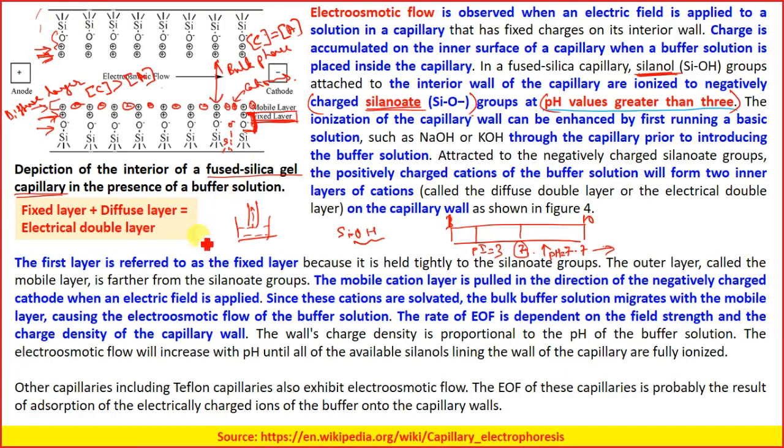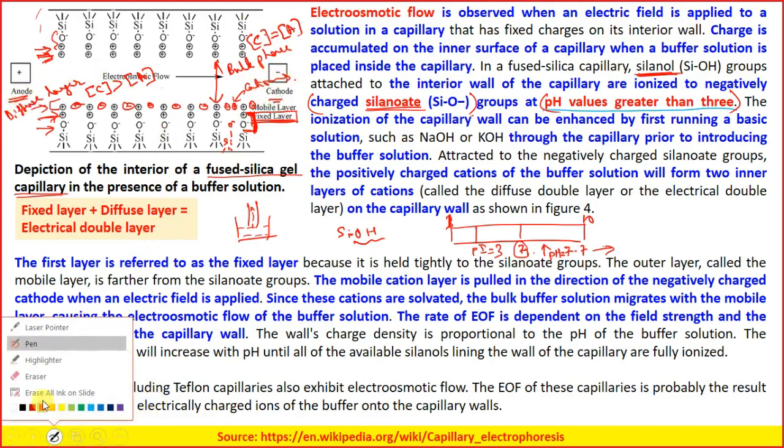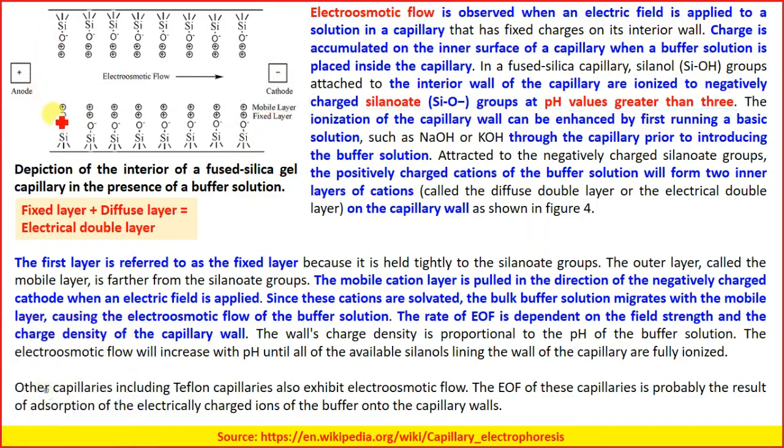Now, when you apply this electrical field through the anode and cathode, the fixed layer, as the name suggests, will be fixed. However, the diffuse layer, where there is a slightly higher number of cations, will be pushed.